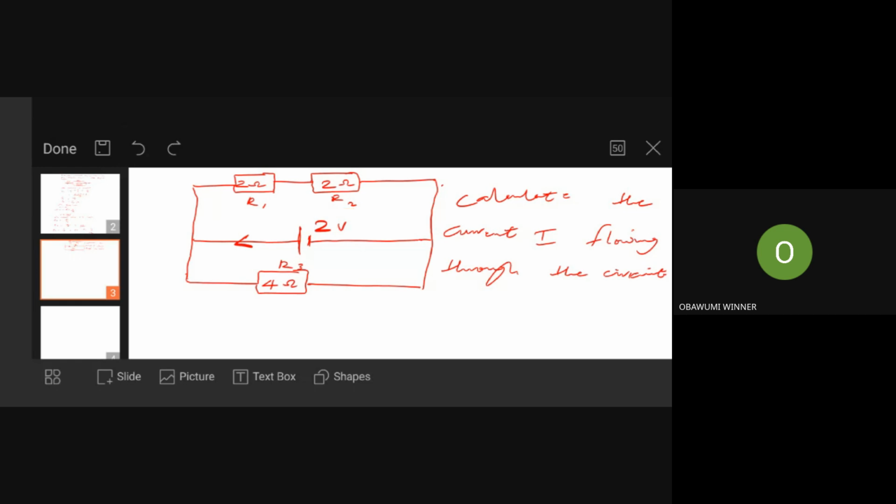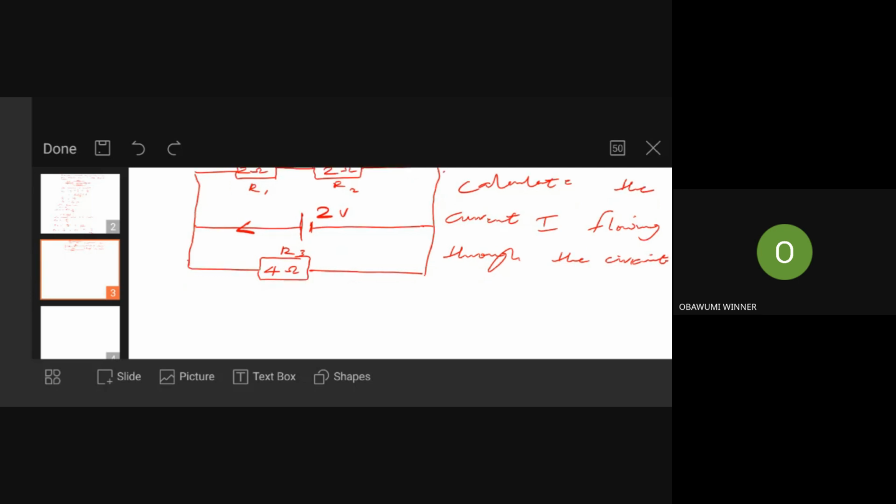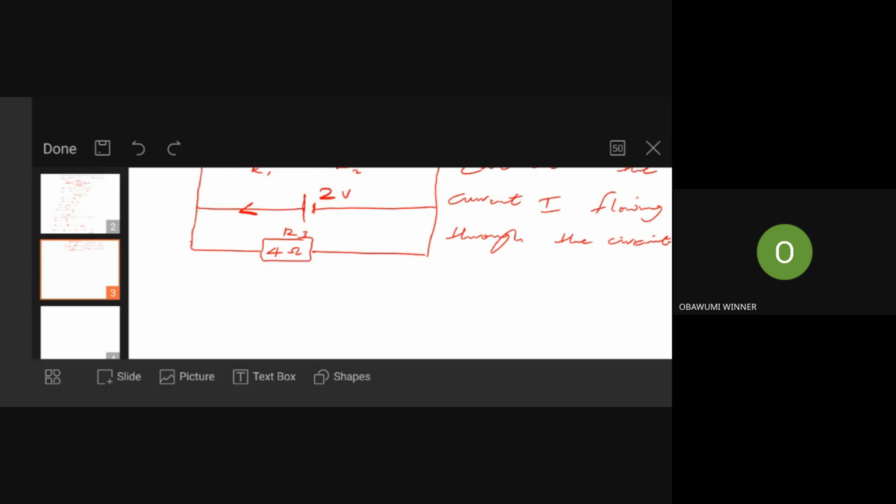So what do I have to do? First of all, I calculate the effective resistance for the ones in series. So I can start by saying R1 and R2, having labeled them, are in series.